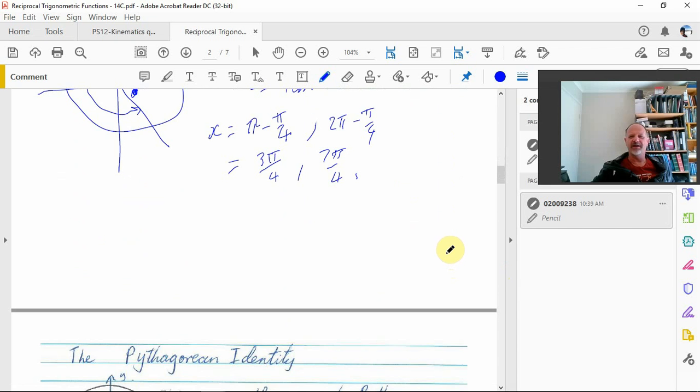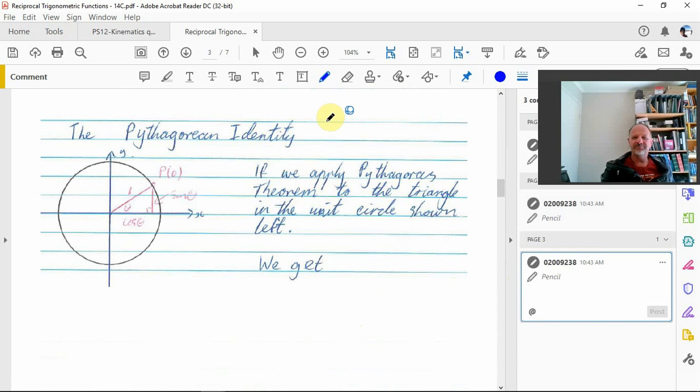Okay, Pythagorean identity. Okay, our old friend Pythagoras, remember? a squared plus b squared equals c squared. Well, we can apply that to here, as it says. So we've got a hypotenuse, we've got 2 sides. Just so happens that on these particular sides, the a and the b are sine and cos, and the c is 1.